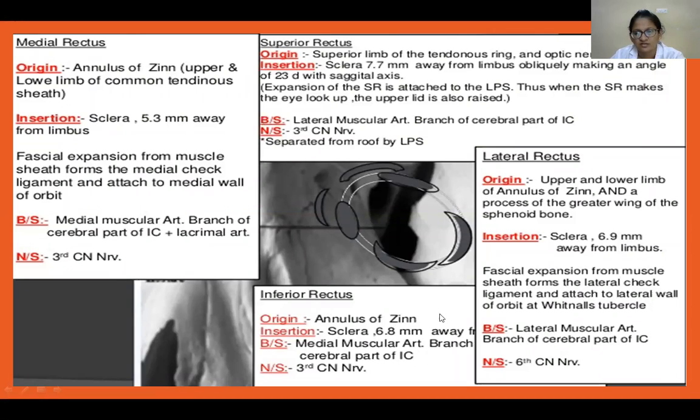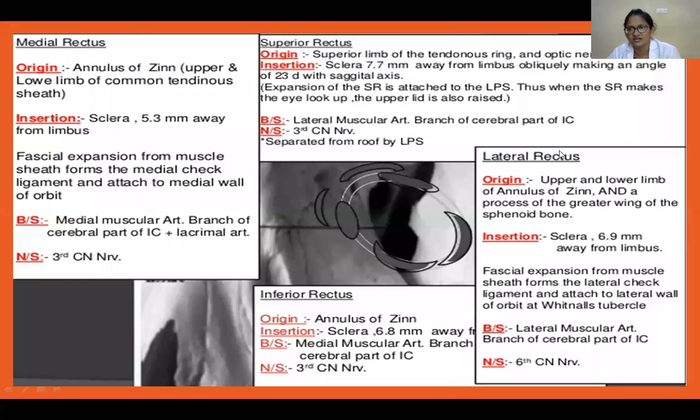The superior rectus and lateral rectus are supplied by the lateral muscular artery, whereas the inferior rectus and medial rectus are supplied by the medial muscular artery. These are the main things we are going to read in the rectus muscles.